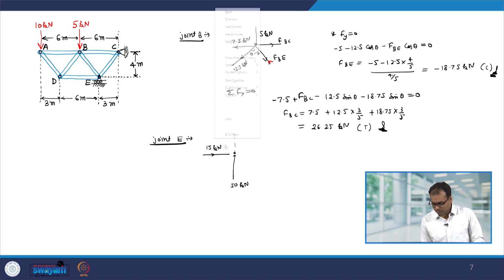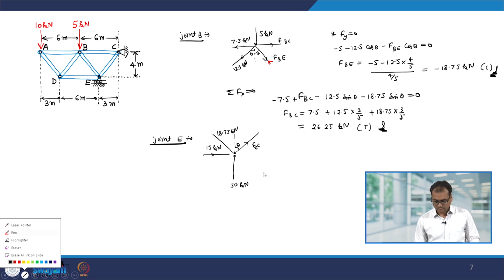We have also calculated the force along BE, it is 18.75 kilonewton, and then the force along C. So, this is FEC. Now, let us say this angle is theta.